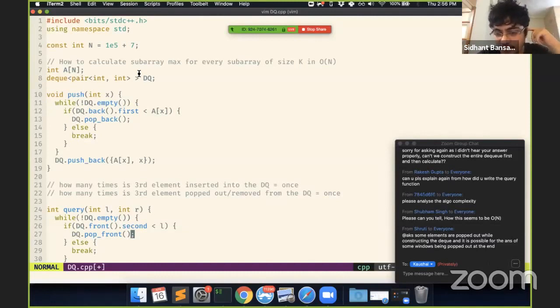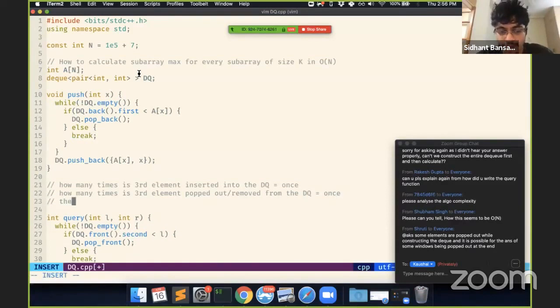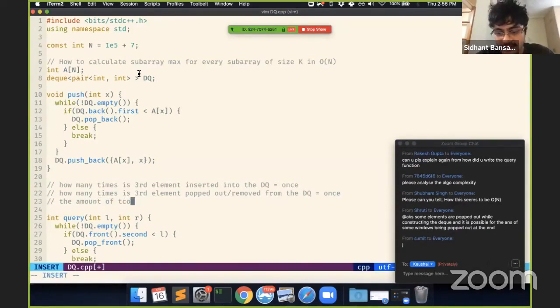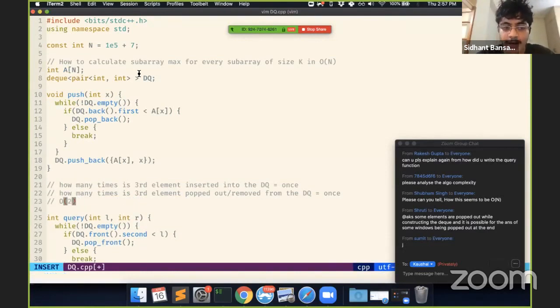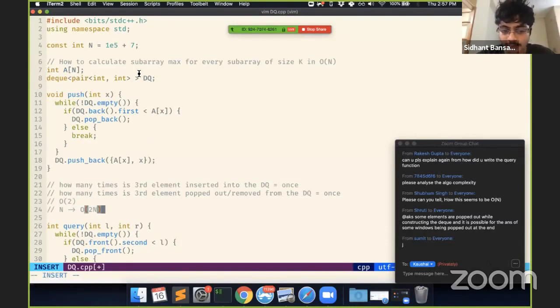But we know that once it's popped out, it's never inserted back again, right? So at most, the cost the third element incurs is 2. It's inserted once and it's popped out once. And how many elements do we have? We have n elements. So it costs you order 2n.